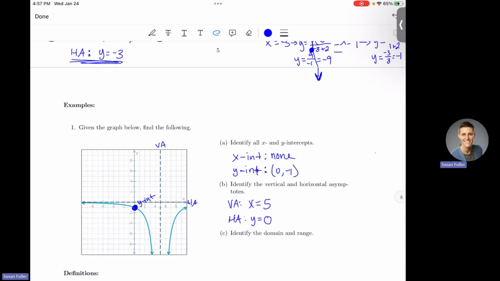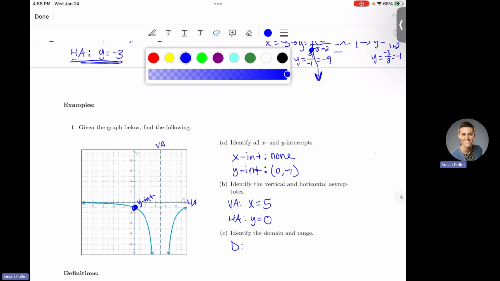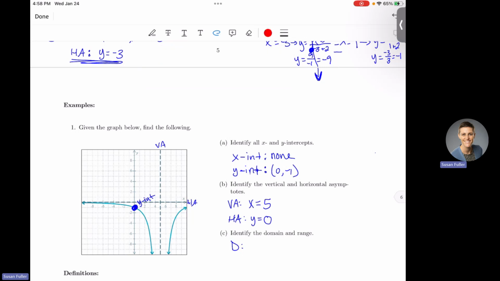And then finally, our domain and our range. The domain of this function is any x value that has a y value that goes with it. So we will be looking at the x coordinates, the x values that have partners. So I will be looking at what x values have partners here. This arrow is going to keep covering all the x values over there.